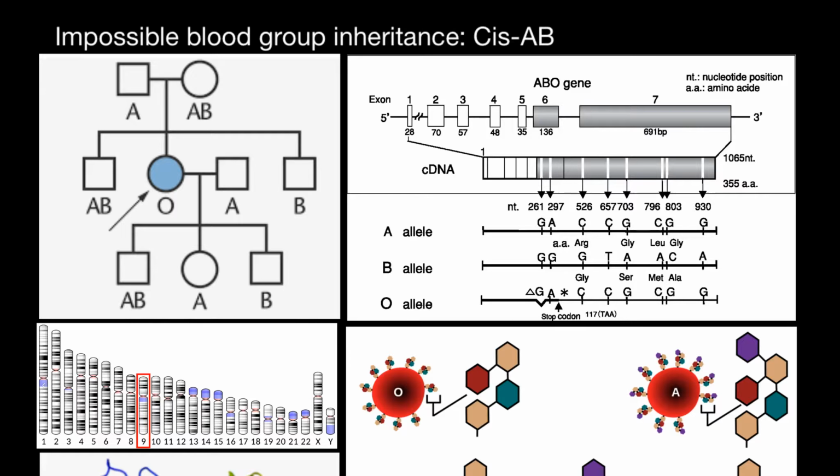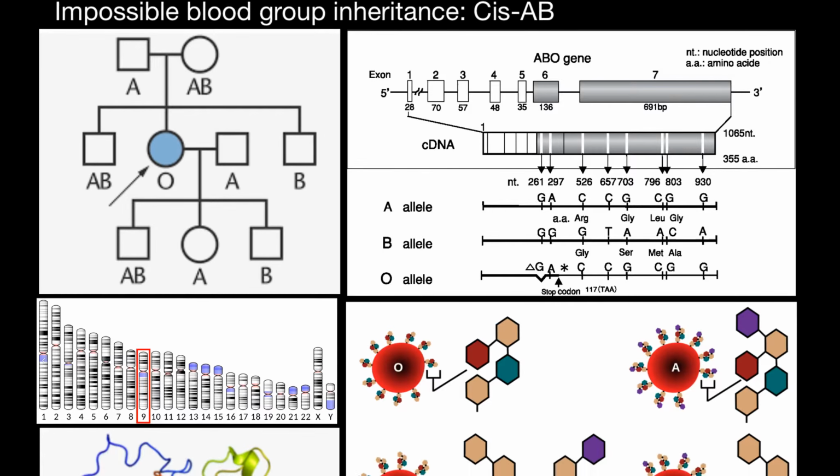And this substrate here is naturally found on the surface of the red blood cells. The protein that is produced by the ABO gene is actually just an enzyme.